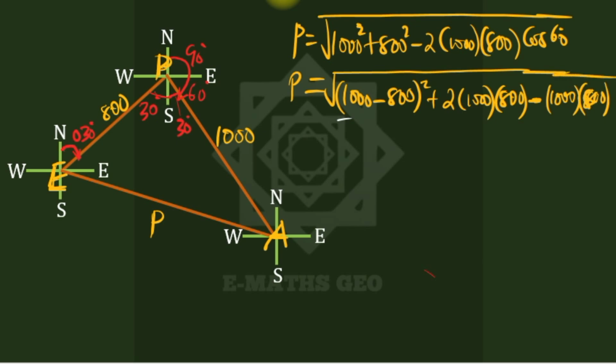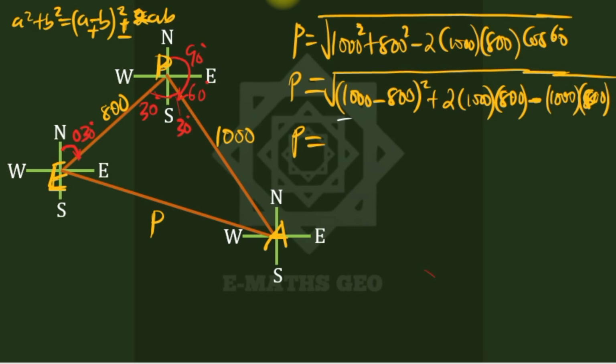What I used here is so that the solution will be very easy, because we're asked to leave the answer as a surd. There is a formula: a squared plus b squared is a minus b all squared plus 2ab.